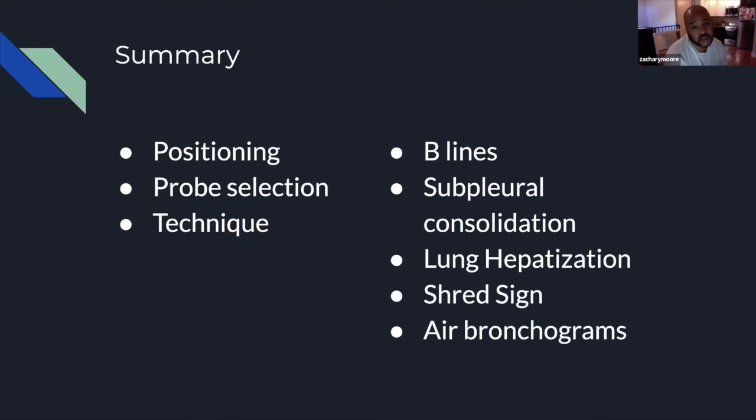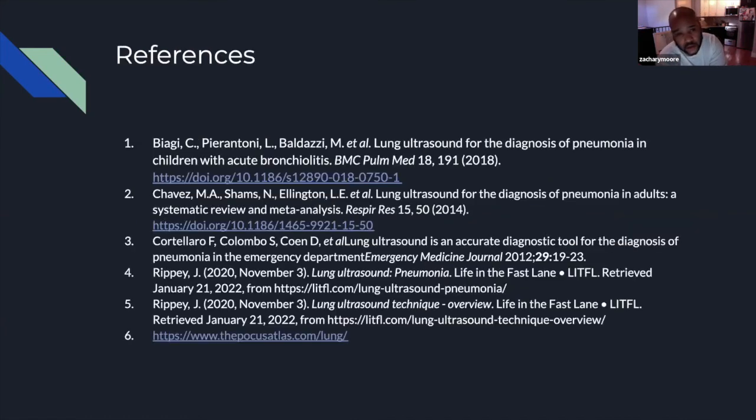If we're discussing pneumonia, you should also look for B lines and subpleural consolidation, while taking into consideration the clinical picture, such as a fluid overload patient. You also have to identify lung patterns, the shred sign, and of course, air bronchograms, whether static or dynamic. These are my references.